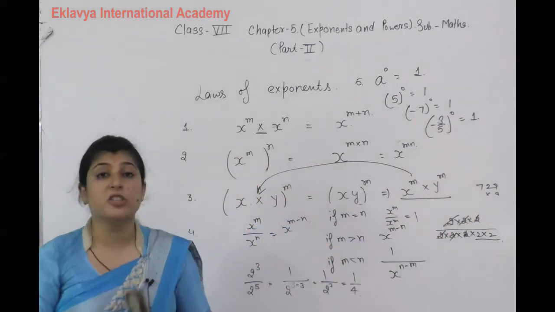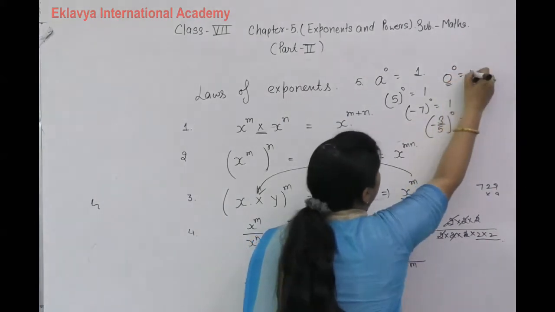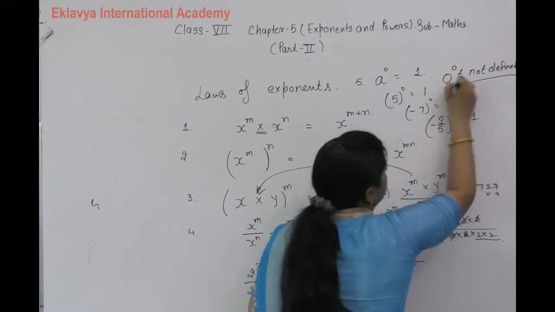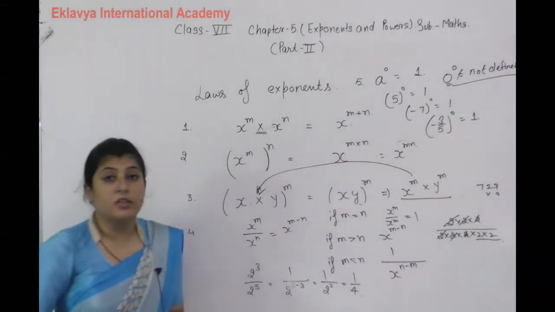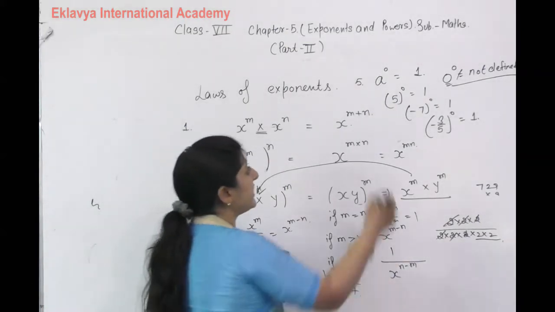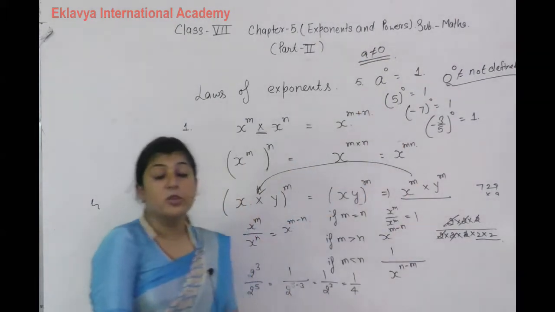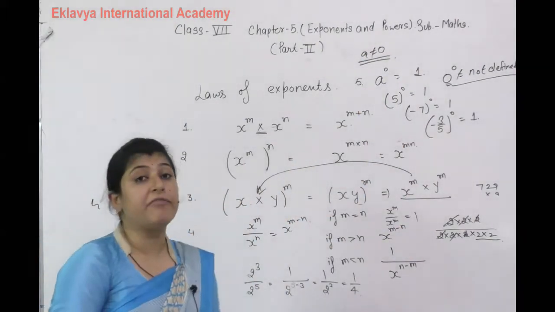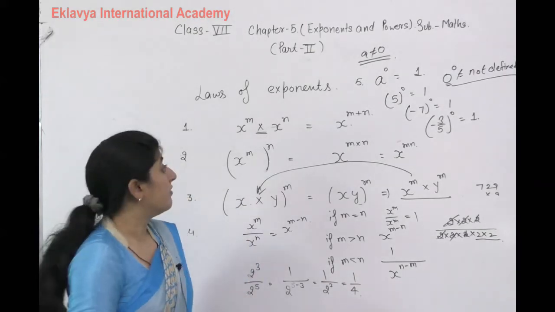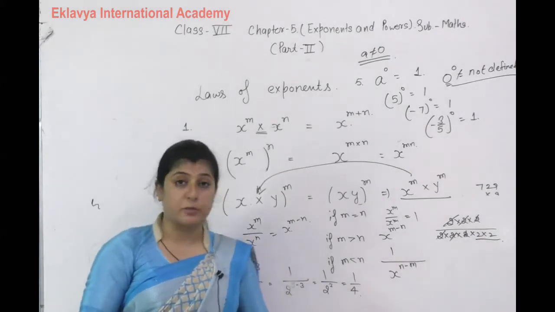Any power 0 is equal to 1, but we never take 0 power 0 because it is not defined in our mathematics. So here a does not equal 0. This condition should be satisfied. These laws of exponent we will study in our exercise 5th B. We will solve our questions according to these laws of exponent.